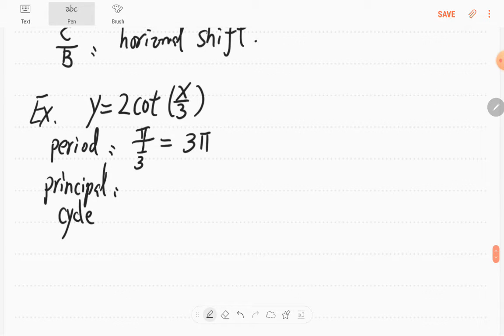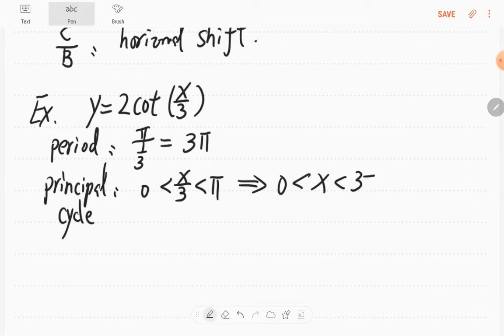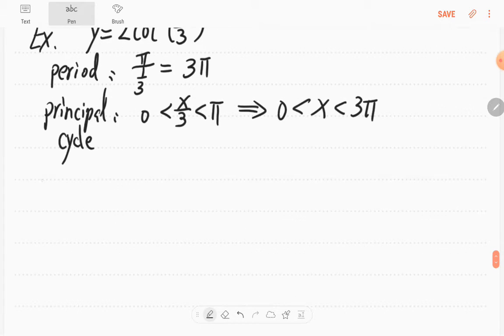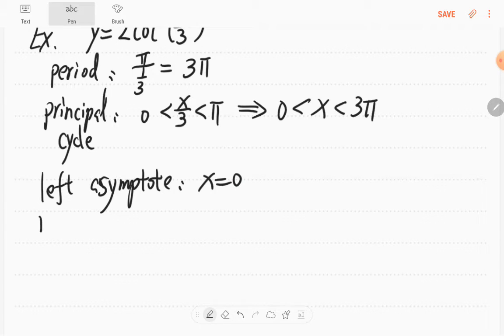The principal cycle, x over 3, should be between 0 and pi, so x should be between 0 and 3 pi. So 0 to 3 pi is the principal cycle. We have the left vertical asymptote, which is x equals 0, and the right asymptote, which is x equals 3 pi.